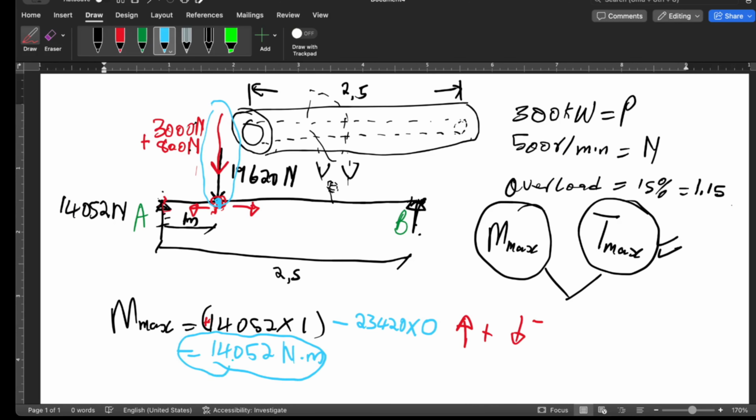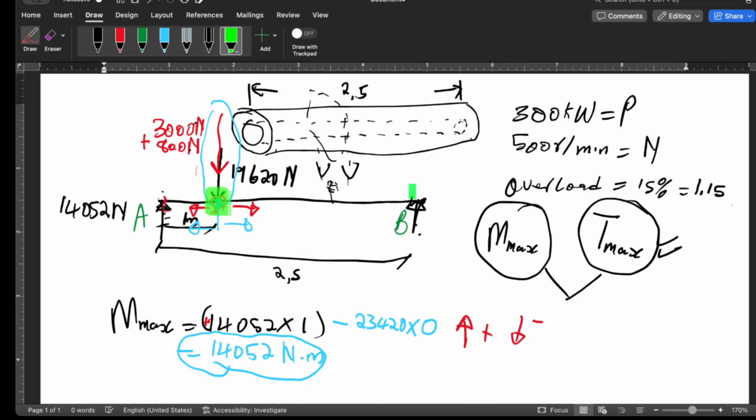Remember I said to you when I started, you can choose to calculate from the left or you calculate from the right. Currently we are calculating bending moment at this point, so you need to choose one side, either the right side of where you are calculating bending moment, or the left side.